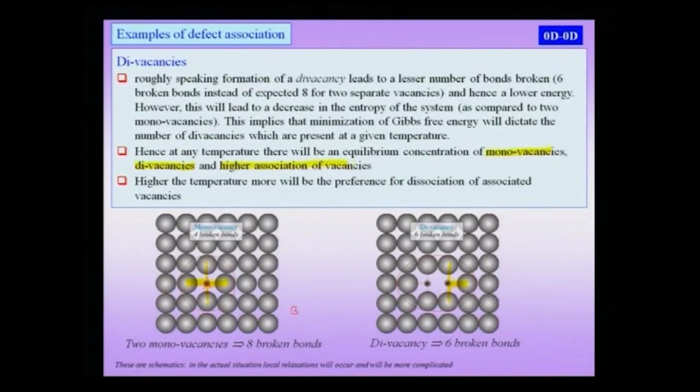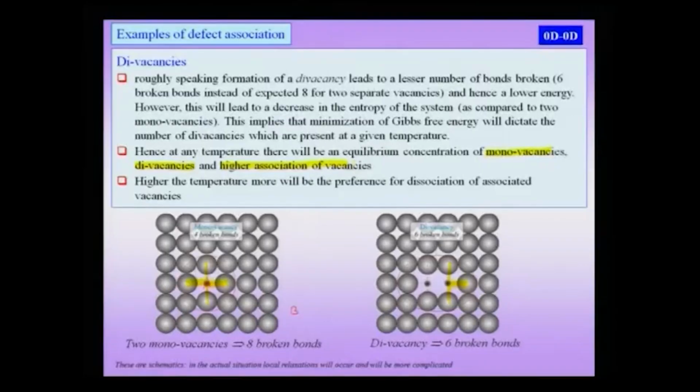In other words, though the formation of a di-vacancy helps me in terms of the enthalpy benefit, this is not the final story, and at any given temperature I may have a certain equilibrium number of mono-vacancies, di-vacancies, and maybe even higher clusters of vacancies.